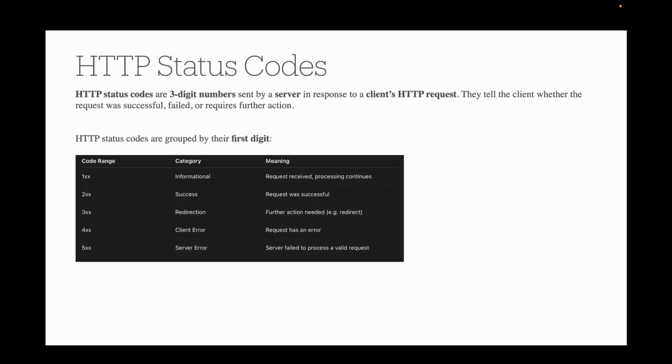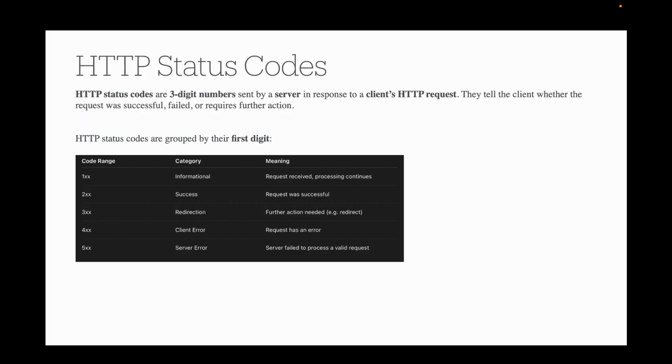Let's say if my code starts with 1, it comes under the informational category. If my code starts with 2, it comes under the success category. If my code starts with 4, it comes under the client error category. Similar to this, you can see the graph. It has all the categories according to the first digit of the status code.